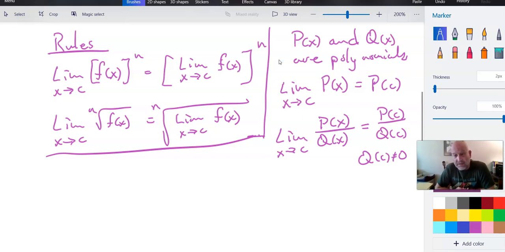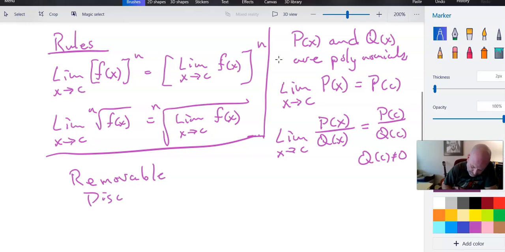Or possibly the limit just simply doesn't exist. We were talking about those removable discontinuities before. If you have a removable discontinuity or a hole in the graph, I'll just call it that. This is a removable discontinuity. What happens when you take the limit as x approaches c?